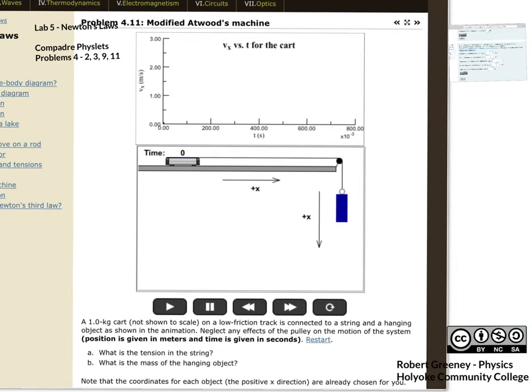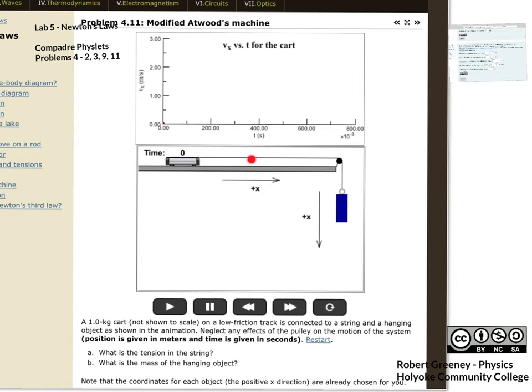So here we are in the simulations. Oh yes, one more thing. Notice that the direction x for the cart is this way, and the direction x for the hanging mass is down. So this is a trick that's often used because the string is changing the direction of the force.